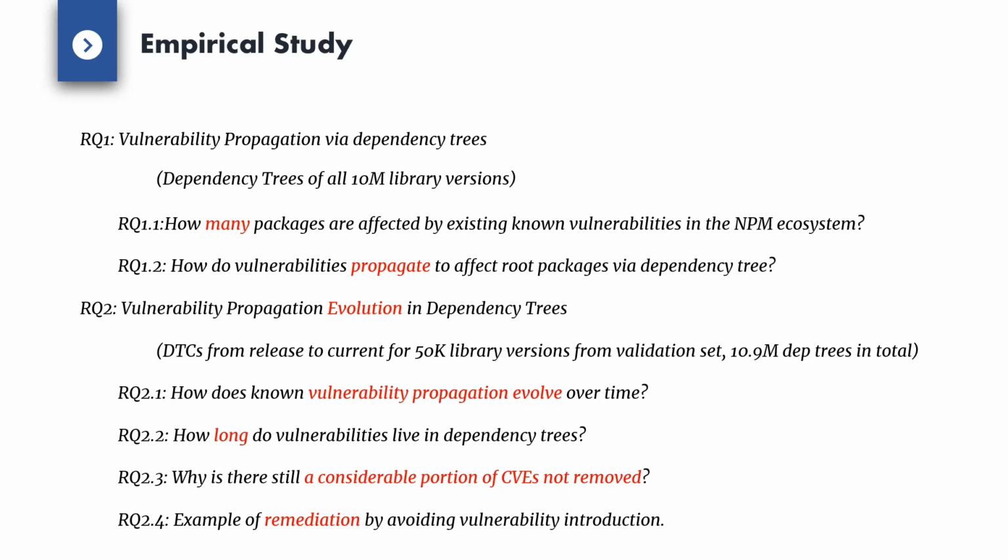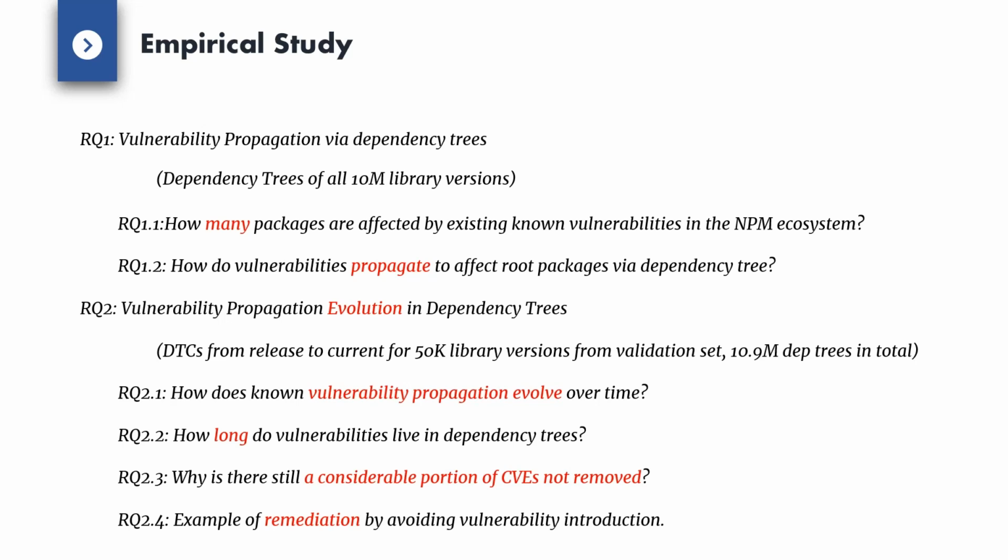First, we use DT-Resolver to calculate the dependency trees of all 10 million library versions, and based on the results, we study how many packages are affected by existing known vulnerabilities, and how these vulnerabilities propagate to affect root packages via dependency trees in the NPM ecosystem.